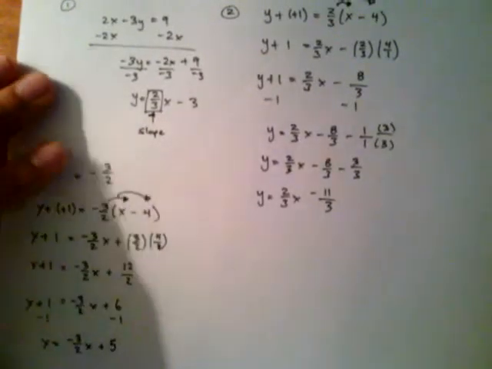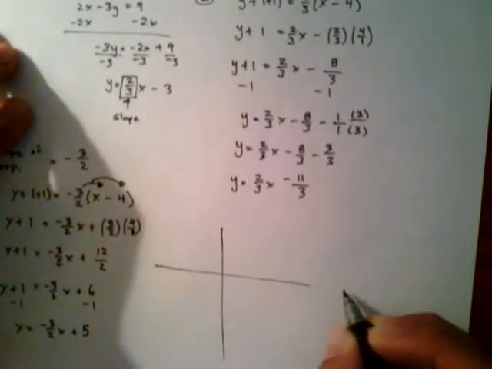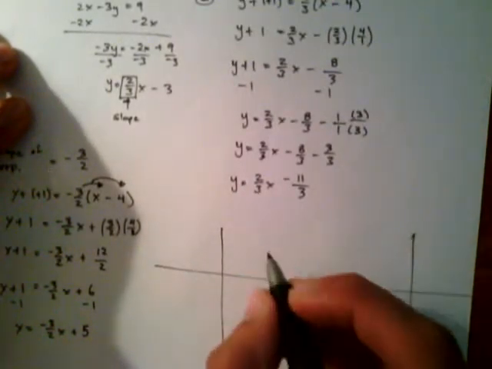Alright, now what we're going to do on the side is graph these so that you can see what it means to be perpendicular and what it means to be parallel.